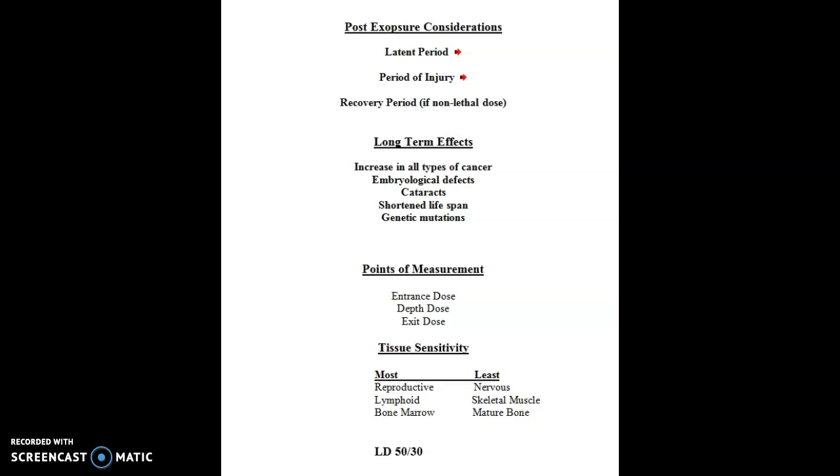So that's a genetic disorder that can be passed from that offspring to future generations. So a genetic mutation is typically considered more serious because it doesn't end with that one offspring like an embryological defect would. Genetic mutations can carry on for many generations.